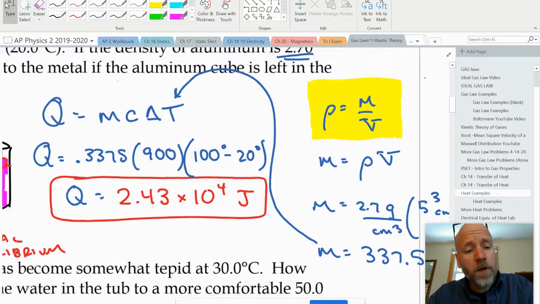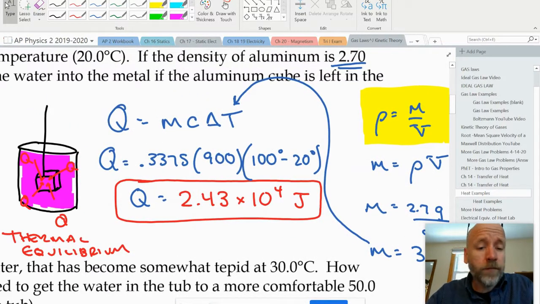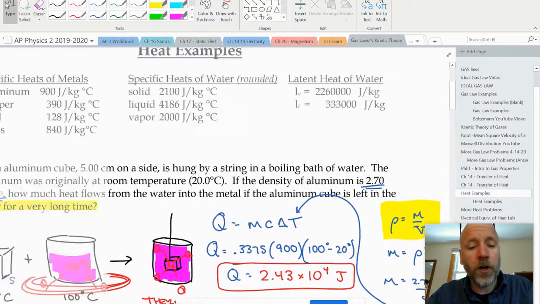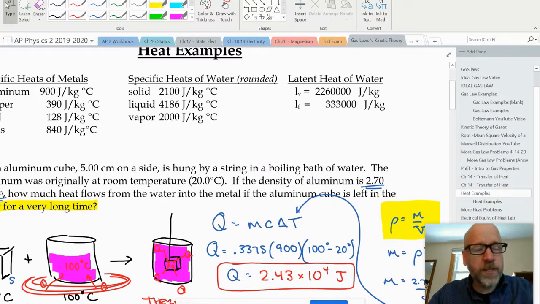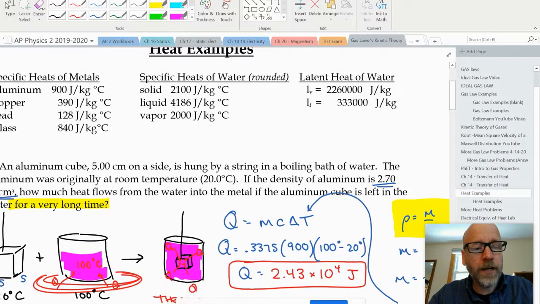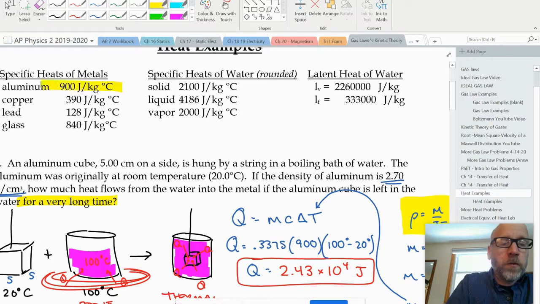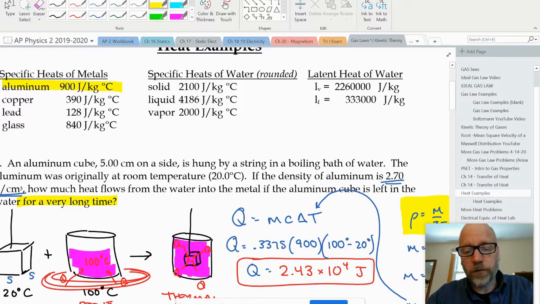So, mass times the specific heat times the change in temperature. That specific heat I got from the chart at the top, which says for aluminum it's 900 joules per kilogram degrees Celsius. I plug it all in and I get a heat flow of 2.43 times 10 to the 4th joules.